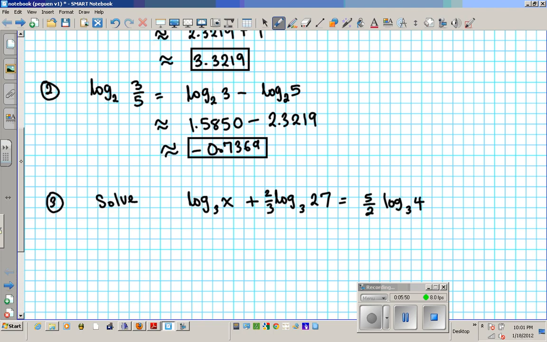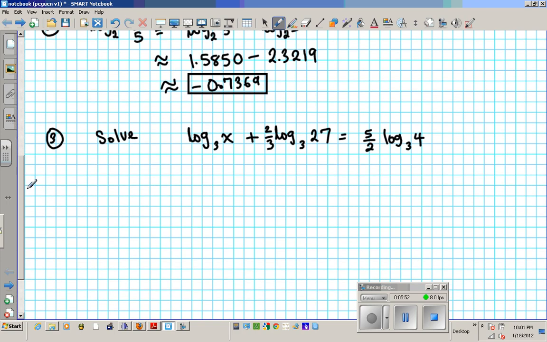Okay? Write that down. Now to do this, first thing we want to do is consolidate these two logs, and then we can eliminate. But we need to clean up first. I like this log cleaned up, I also like that cleaned up. So let's clean up our logs first before we consolidate.